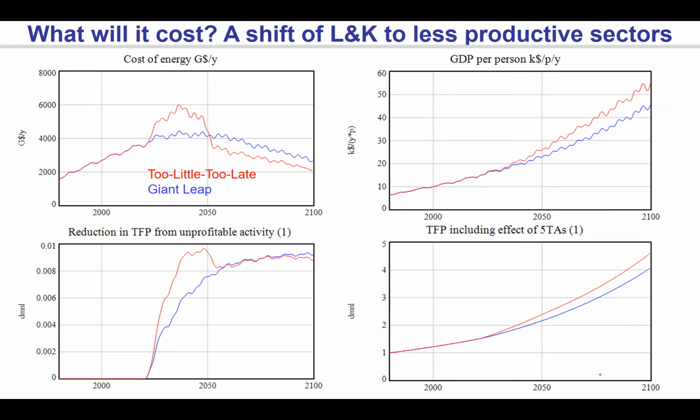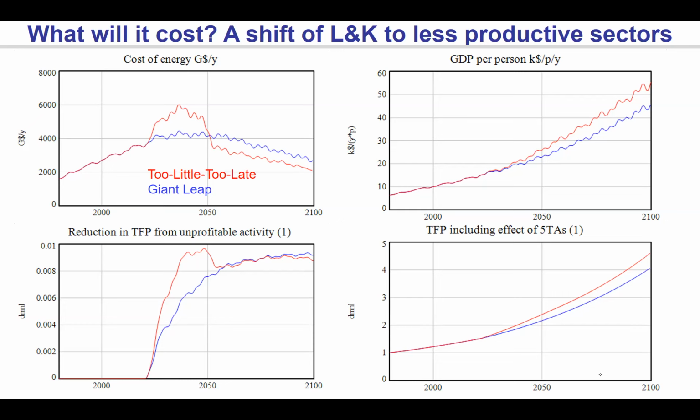Those people that are worried about the GDP per person, that we will actually have lower economic growth in the future if we implement those policies, should be assured by the graph to the right, which basically shows that you do get a higher GDP per person if you do this. It's very sad that the label too little, too late should be colored here blue, and the giant leap red. That's a pedagogical disaster, to say the least. But we will see what we can do about this.